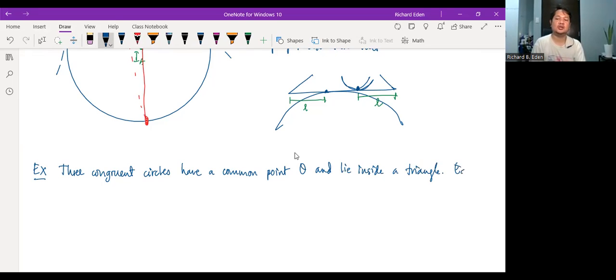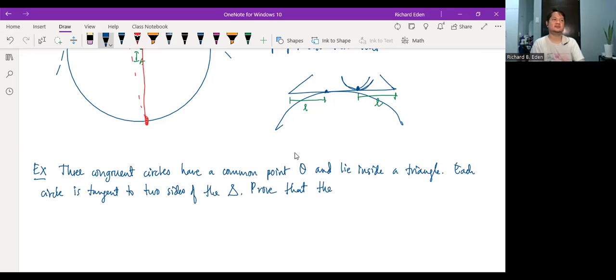Each circle is tangent to two sides of the triangle.